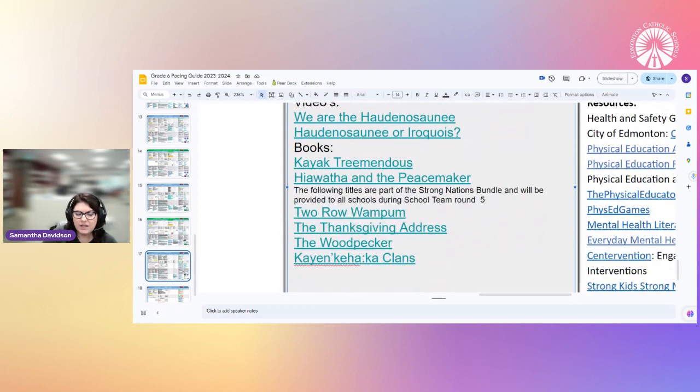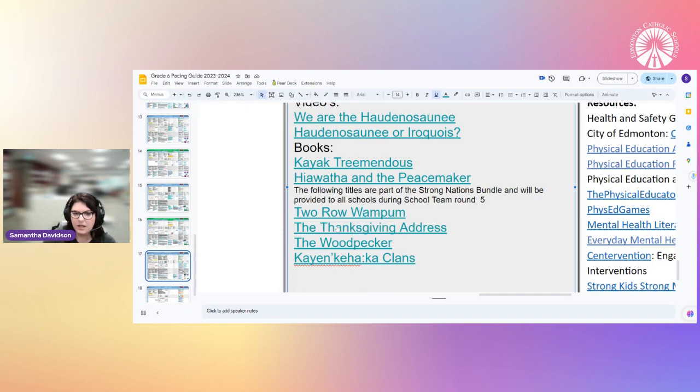And then one of the exciting things is that there is a book bundle of 48 books coming out. And then within that book bundle, so that'll be coming out in School Team Round 5, so that's in May. And so if you have not seen these resources, they are books that look like this. I'm just going to open this one. And there's about 48 of them.